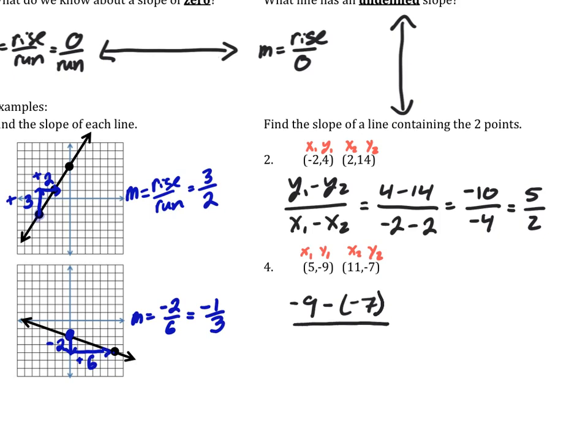We're going to divide that by 5 minus 11. And we're going to go ahead and simplify. So -9 minus -7 will come out to be a -2. 5 minus 11 will come out to be a -6. And then we want to reduce to 1/3.